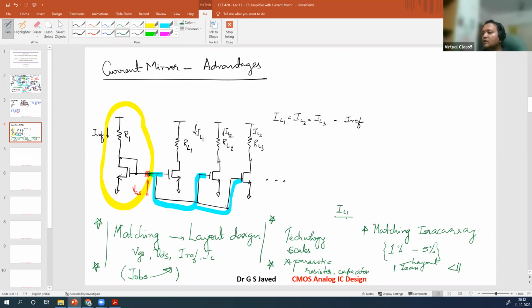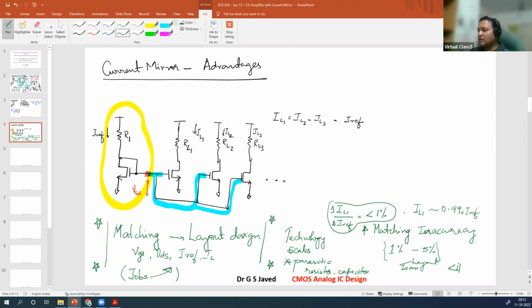Delta IL1 by delta IREF has to be less than 1%. What does that mean? IL1 should be approximately 0.99x times IREF.